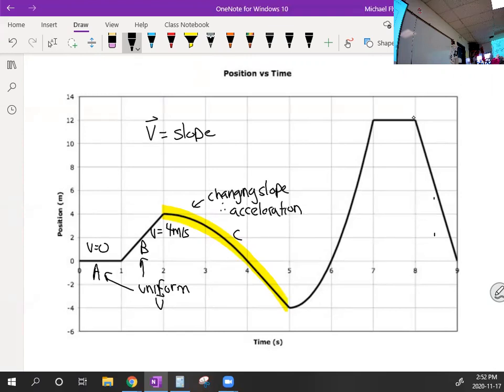Okay. Now here we find that the line is curved in 2 regions, region C and region D. Let me highlight region D here. In this region too, it's also curved, and so that is also an example of acceleration. Now in sections E and F, we have a straight line segment.